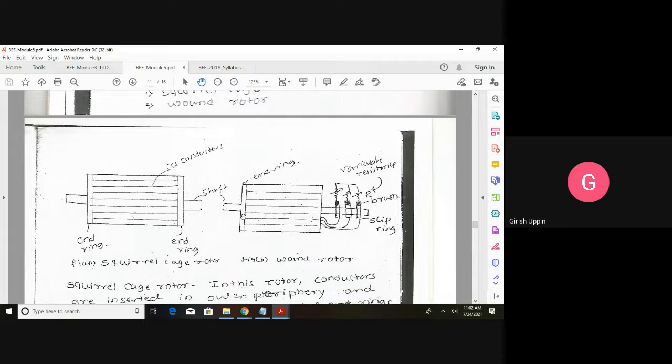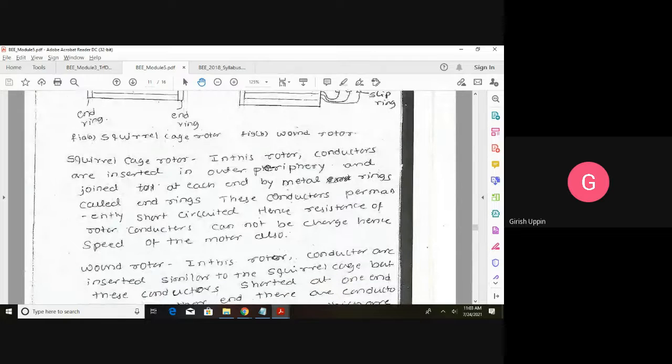One end is short circuited, and the other end of this three phase winding is connected to one slip ring, another phase to another slip ring, and this to another slip ring, and through brushes it is connected to a three phase resistance. So this is a three phase resistance where I can vary the resistance value. That is how I can change the resistance of the rotor winding.